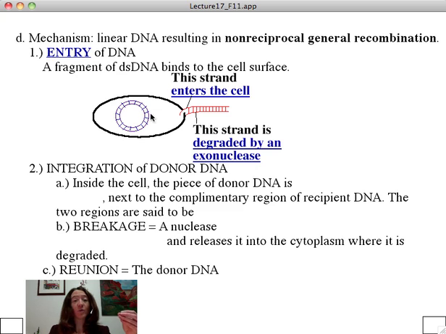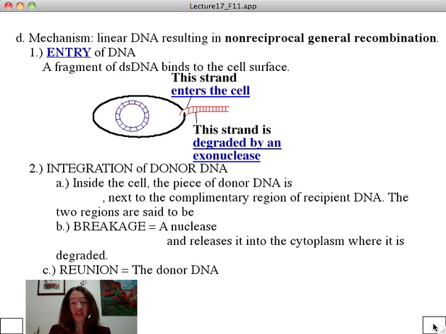So if there's a region on the recipient chromosome, the endogenous DNA, which the exogenous resembles, it's going to align next to that. To say that in simpler terms, it's going to align by a region of the chromosome that it looks like, that it has a sequence similarity to.